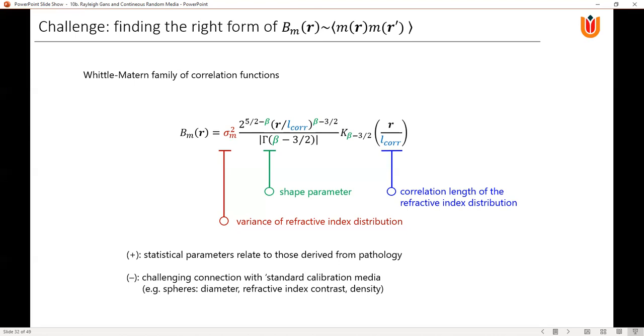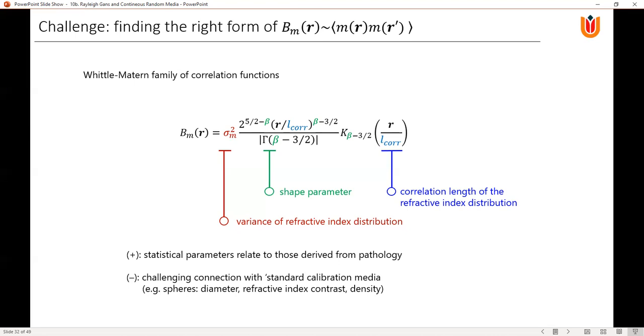So that's the promise. The challenge here is that this whole concept of looking at continuous media for scattering is so new that we have no easy way of connecting it with our standard way of looking at things.